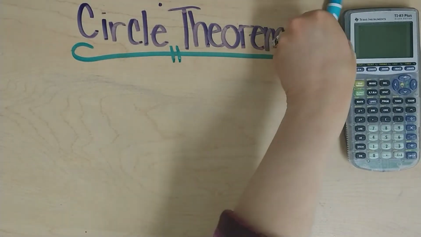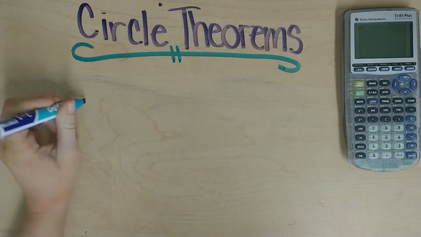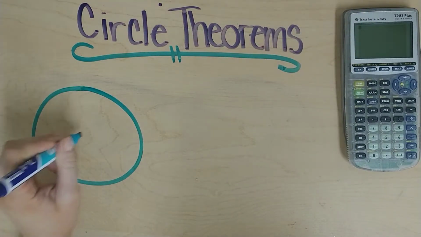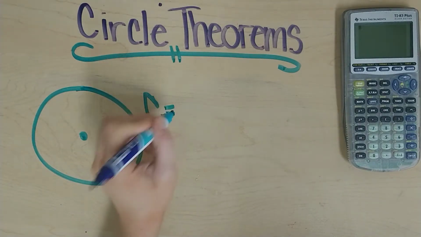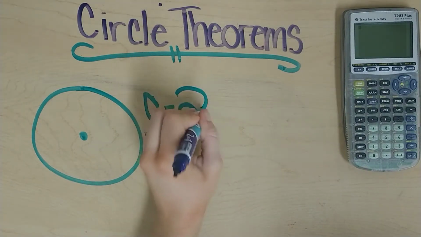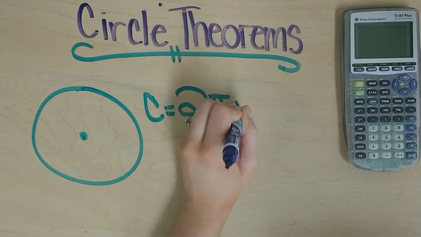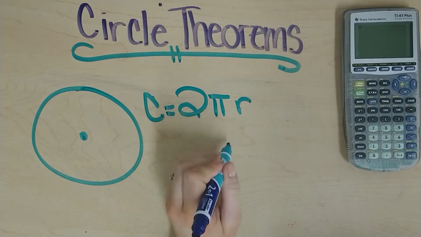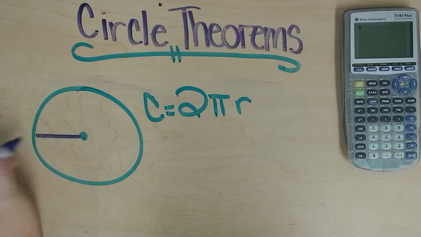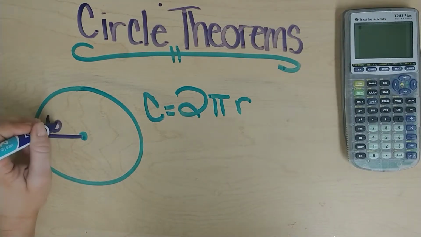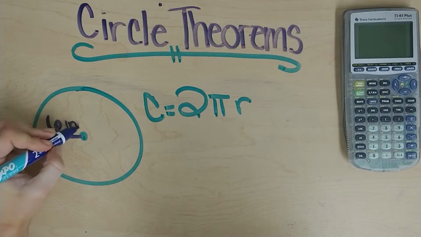Next, I'll be showing you how to find circumference. Here's our circle, and our formula to find circumference is 2 pi r. So 2 times pi times radius. Our radius in this circle is going to be 6 inches.